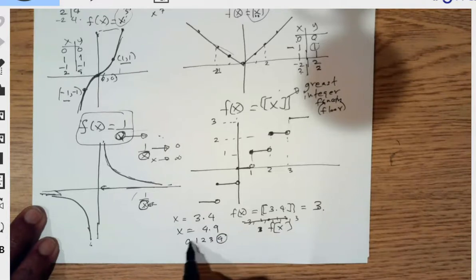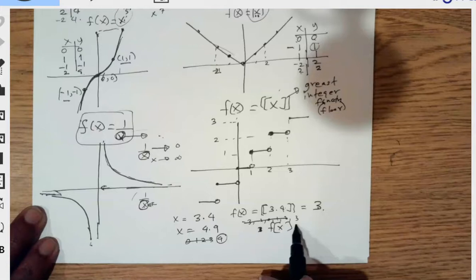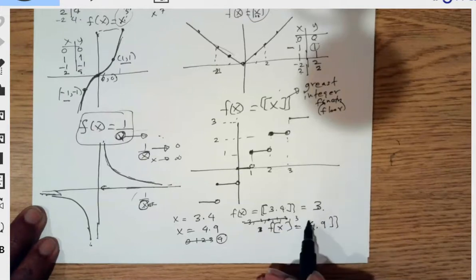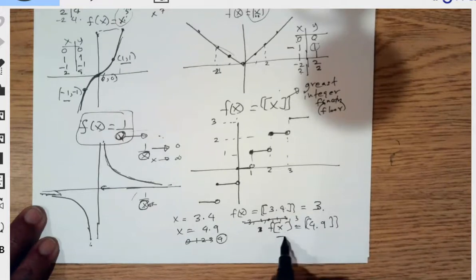It is 4. So if you take x equals 4.9, then f of x, the greatest integer function of 4.9, is equal to 4. The greatest integer function of 7.2 will be equal to 7. So will the greatest integer function of 7.9.